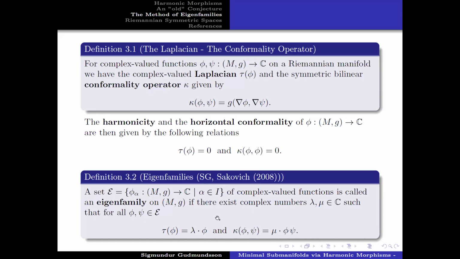So in our work, we defined this. A set of complex valued functions is called an eigenfamily. Well, first of all, if phi is an eigenfunction to the Laplace operator and also to the kappa operator.